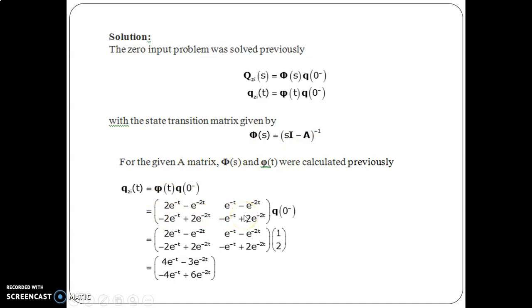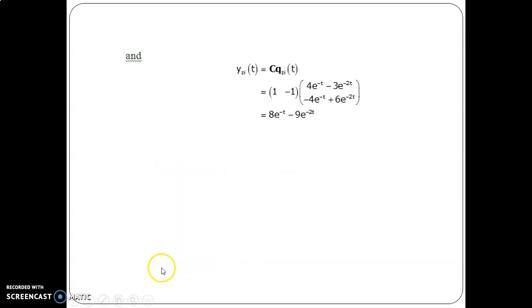Now, in the second step, use the initial condition matrix, 1 and 2, and simply multiply. In the last step, to find y of t, 1 minus 1 is your C matrix, multiplied by that result. This is your final answer: 8 into e raised to minus t minus 9 into e raised to minus 2t.